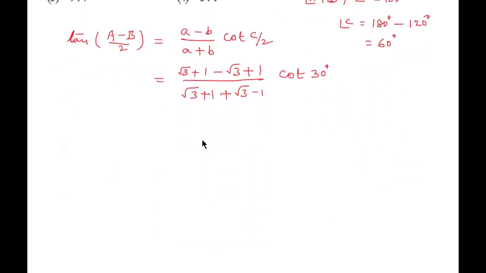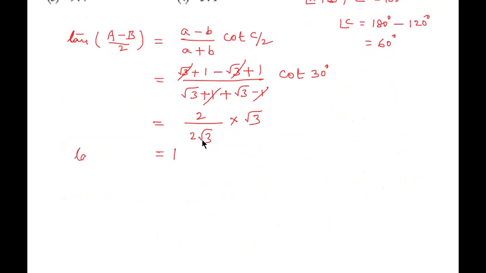Now see the calculation here. In the numerator these two cancel, and in the denominator also these two cancel, we get 2 root 3. Then what is cot 30 degrees? Cot 30 degrees is root 3. So finally, by observing the calculation, we get 1.